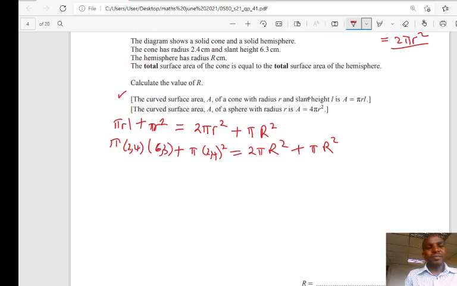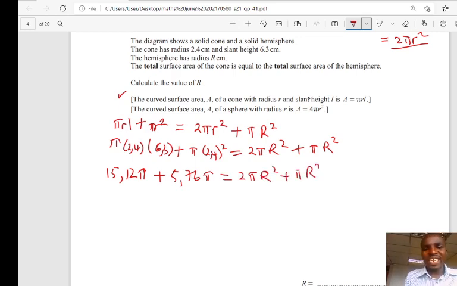Now let's simplify. Simplifying this one, 2.4 times 6.3, what do you get? 15.12 pi plus 2.4 squared, 5.76 pi is equal to, then this one is 2 pi r squared plus pi r squared, like this.